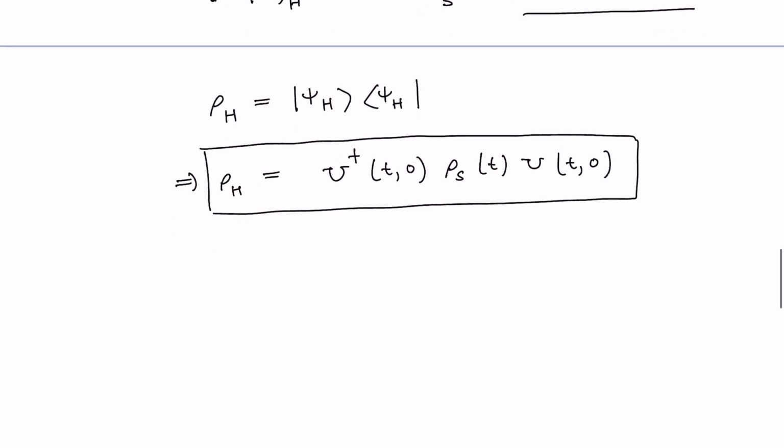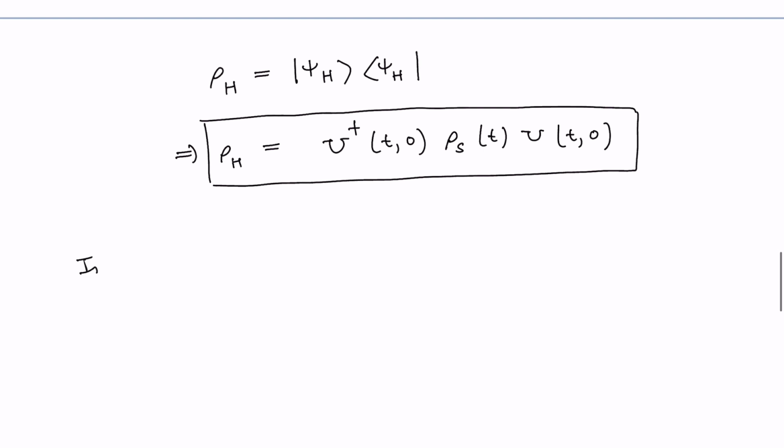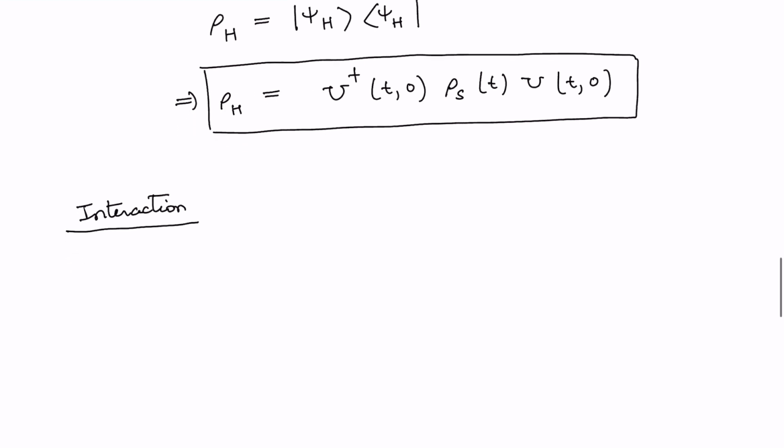Okay, and now coming to the interaction picture, which is of our interest. The interaction picture is a hybrid of the Schrodinger and the Heisenberg pictures.